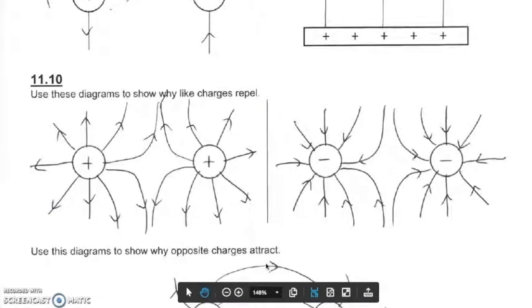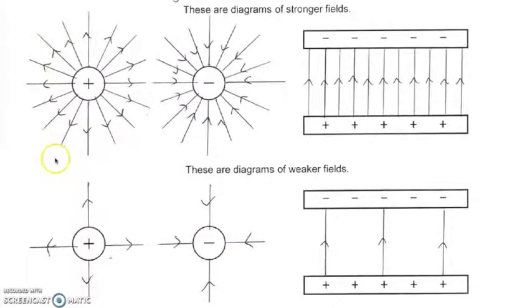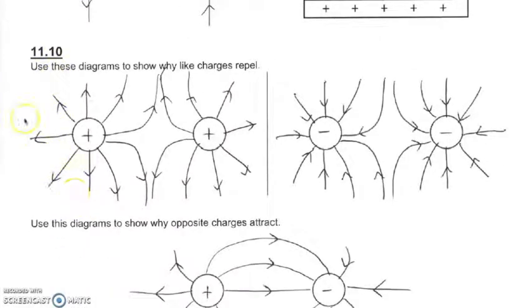Now, one thing you should be able to do is draw or sketch electric field lines in your exam. They might give you two positive charges and you would have to draw the electric field lines. Look carefully. This side is pretty much the same as this, they're radially spreading out. Same on this side as well. But we also know that positive charges will repel. So what is actually happening to the electric field lines?